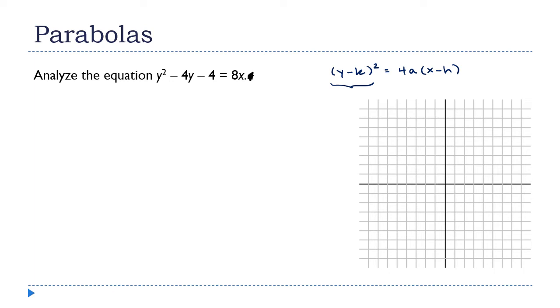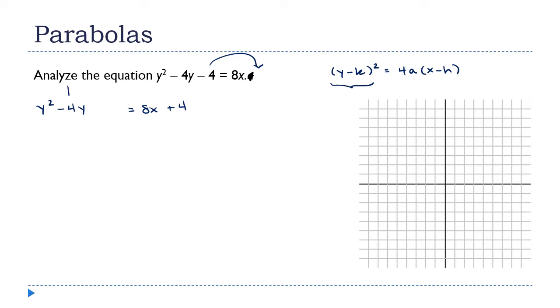All right, so what I'm going to do first, I'm going to move that minus 4 over, get it out of the way. So this will be y squared minus 4y, and leave a blank there, equals 8x plus 4. Okay, so what am I going to add? You remember how we complete the square?